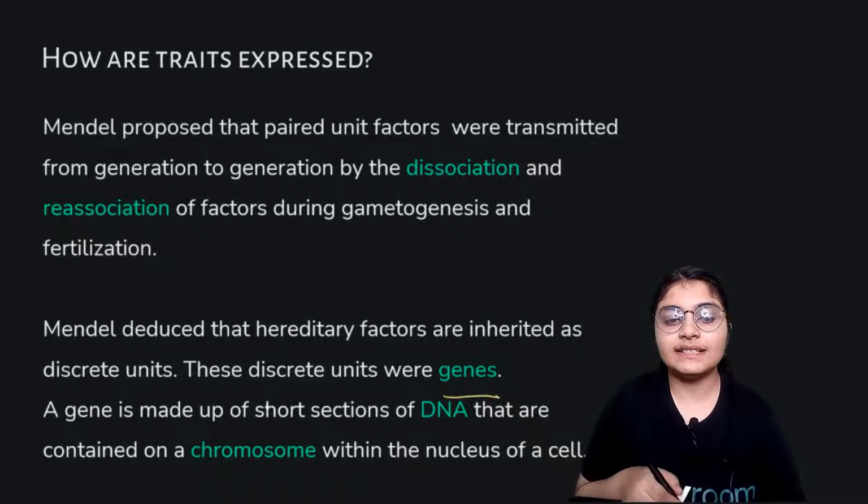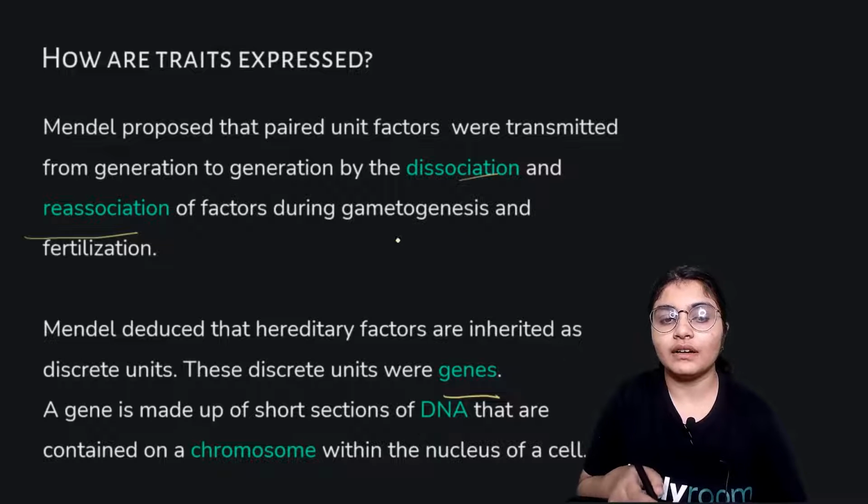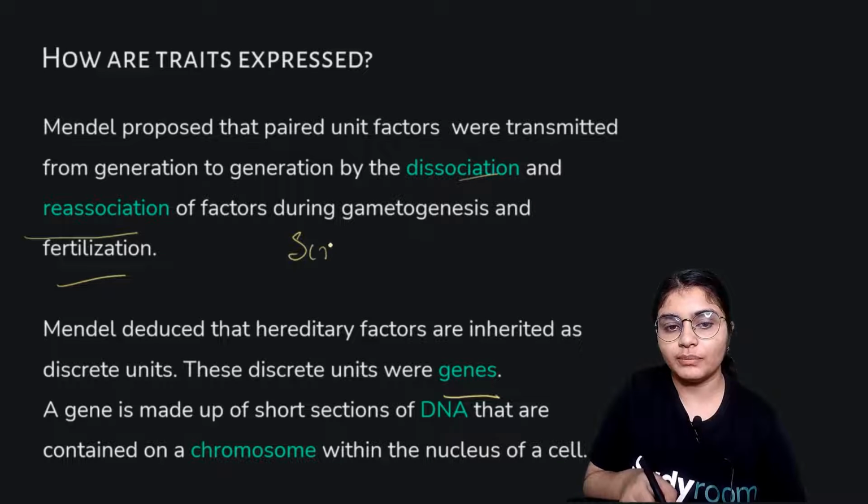Okay, and a gene is made up of short sections of DNA that are contained on a chromosome within the nucleus. Now, Mendel proposed that unit factors were transmitted from generation to generation by dissociation and reassociation of factors, as we know, and it happens during gametogenesis and fertilization, that is basically during sexual reproduction.